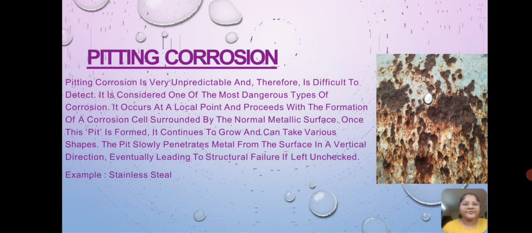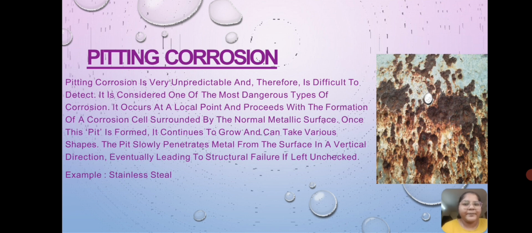Pitting corrosion is very unpredictable and therefore difficult to detect. It is considered one of the most dangerous types of corrosion. It occurs at a local point and proceeds with the formation of a corrosion cell surrounded by the normal metallic surface.